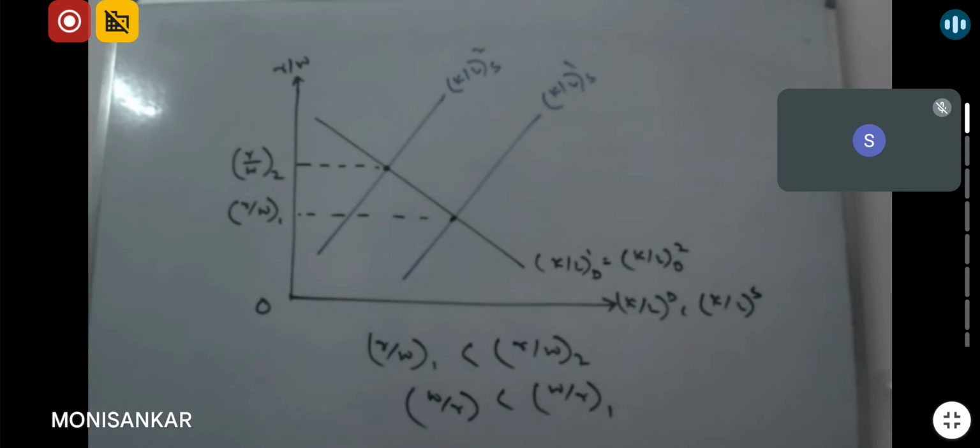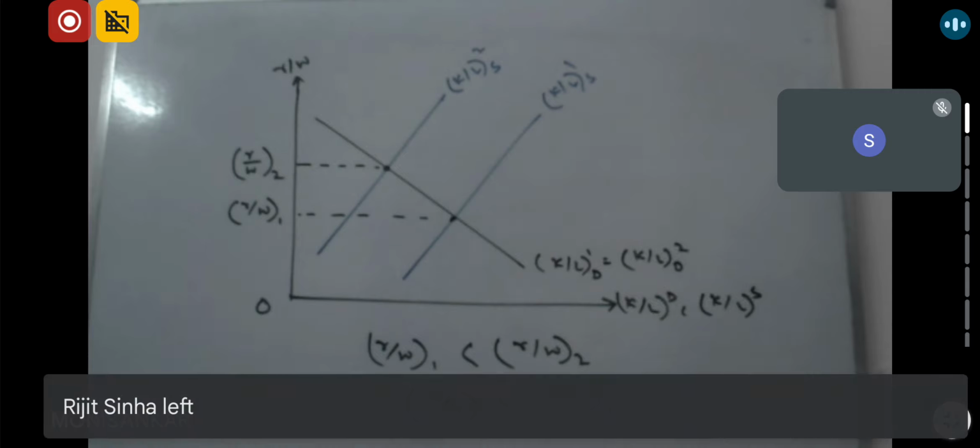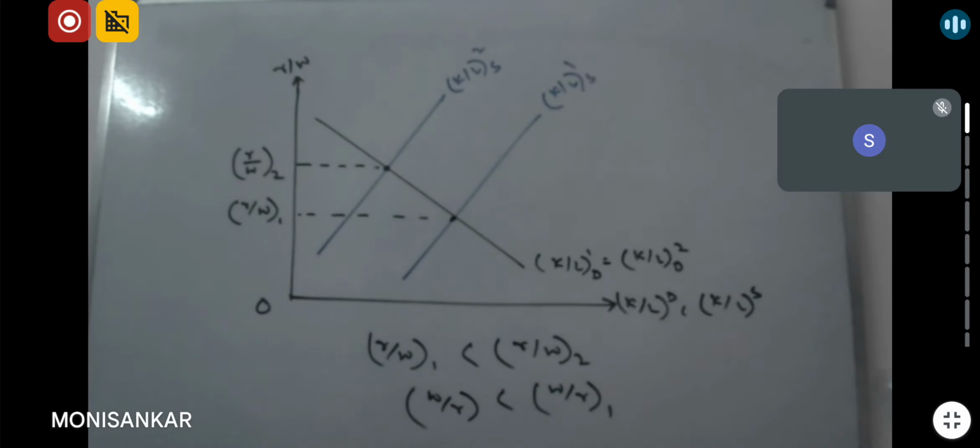So high K by L automatically implies the production cost of the capital intensive product is lower in country 1, and for the labor intensive good, the price is lower in country 2.